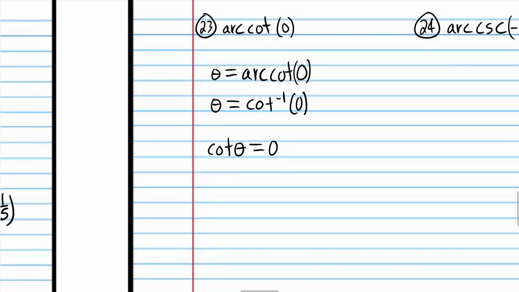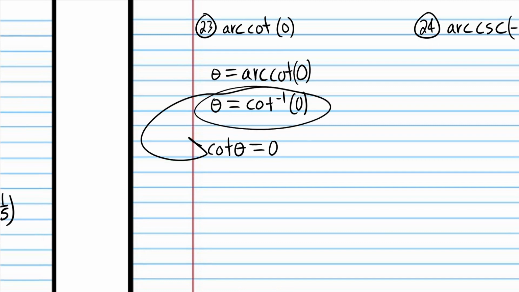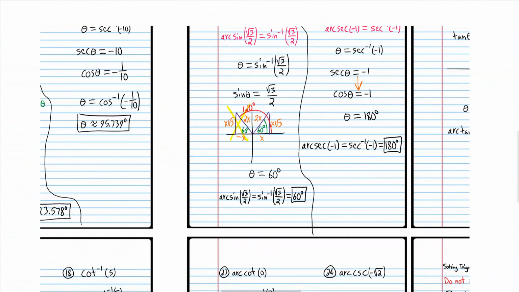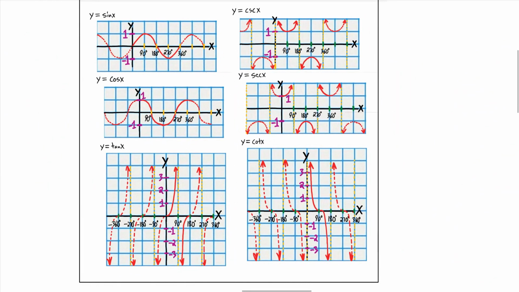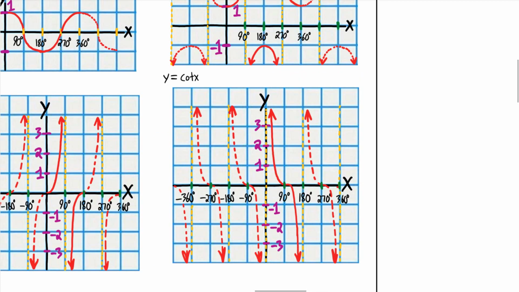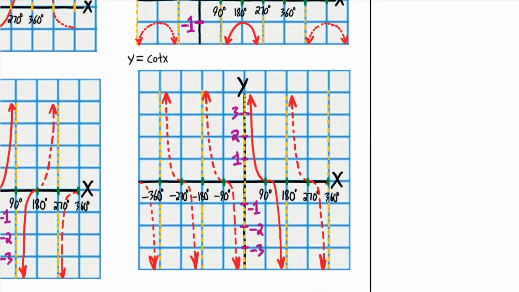At this point, we have to go to our graphs. The graphs are the best thing to use when you have collapsed triangles. So look for the points that have y values equal to 0. Well, that's this yellow point here and this yellow point and so on and so forth.